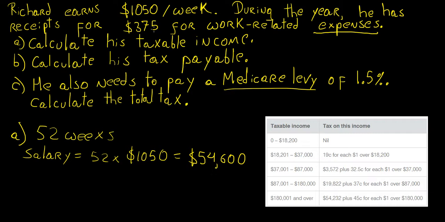Now, there's a keyword here that is work-related expenses. So basically this means that this was already included in his pay, but he had to spend it. Let's say he had to spend it because of transportation, or it was some kind of equipment that he needed to buy that was related to his work. Now, anything that is work related and that is an out-of-pocket expense can usually be obtained back from the taxation office, and we call that a deduction.